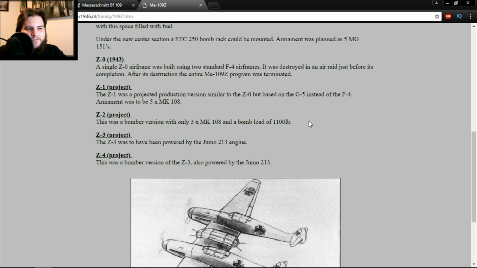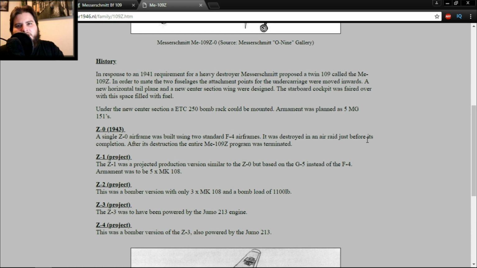It was based on the G5 instead of the F4. The armament was to be 5 Mk108s. So, first of all, it says was to be, since it wasn't officially ever built, as you can even see here, projected production. So what we're sat in right now is a fictional version of an aircraft which may have been built.